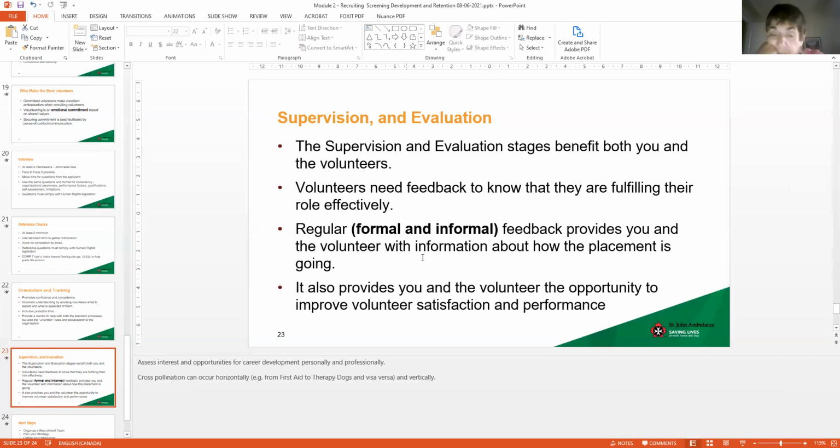I would take it out. Feedback provides you and the volunteer with, about how the placement is going, or about the placement, or about the experience. I don't think you need "with information".